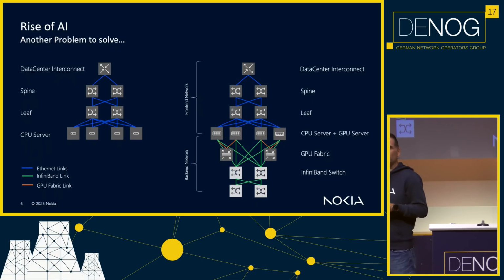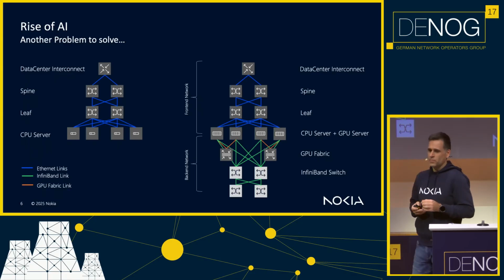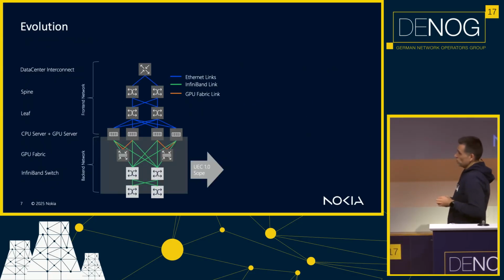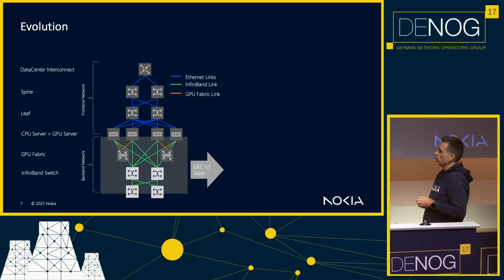You want to write from the memory of one GPU to another GPU. So this breaks your technology domain, because at a certain point you realize, well, I now have 2 different competing transport technologies in my data center. How do I deal with that? What do I do with that? And how do I even manage all of that?